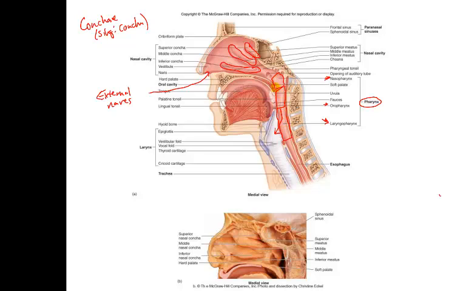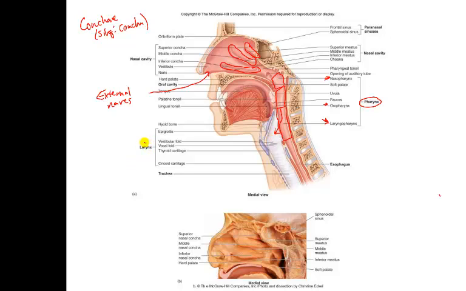But what else can flow through the pharynx? So think about the oropharynx. It's in the back of the mouth, right? So obviously, ingested material flows in through the pharynx as well. So air and food and liquid can both pass through the pharynx. The pharynx is part of both the respiratory system and the digestive system.